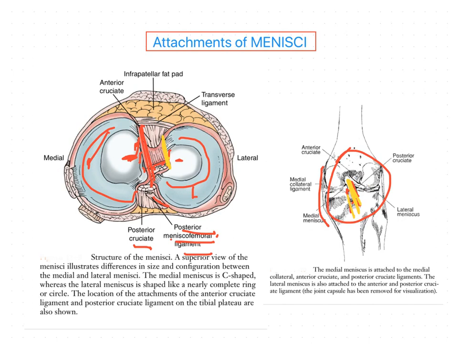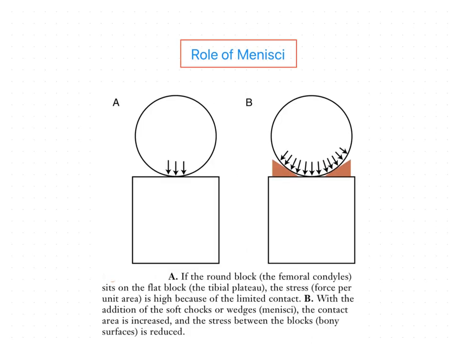Now we will move on to the role of menisci. The strong attachments of the menisci prevent them from being squeezed out during compression of the tibiofemoral joint, allowing for greater contact between the menisci and the femur.